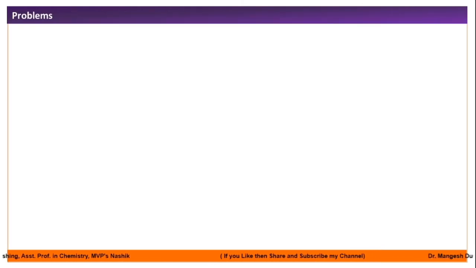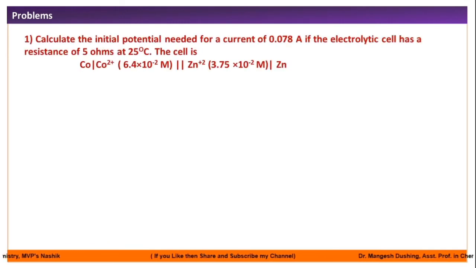Friends, now we'll see some problems to understand electrogravimetry. These are solved problems from the books. Calculate the initial potential needed for a current of 0.078 ampere if the electrolytic cell has a resistance of 5 ohms at 25 degrees Celsius.